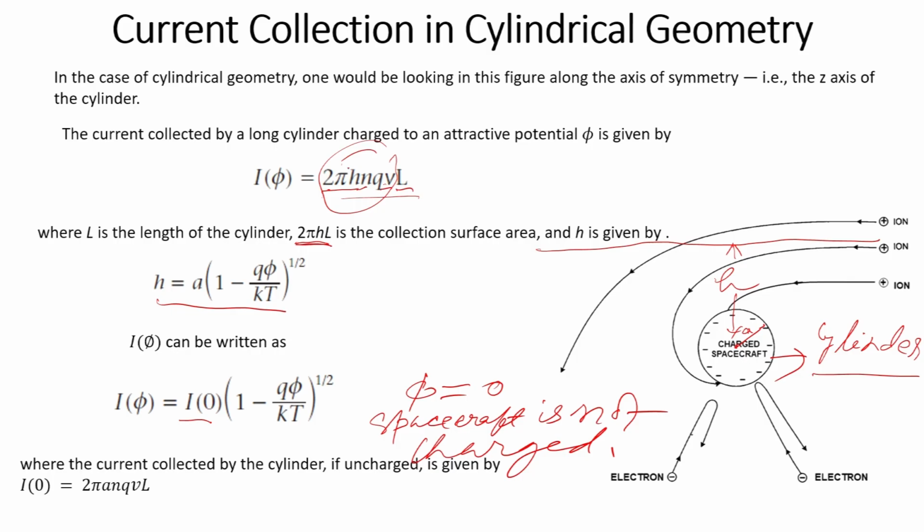So, you are writing that I 0 is equal to twice pi A n q V L, and whenever the spacecraft gets charged, then the H term will be included.